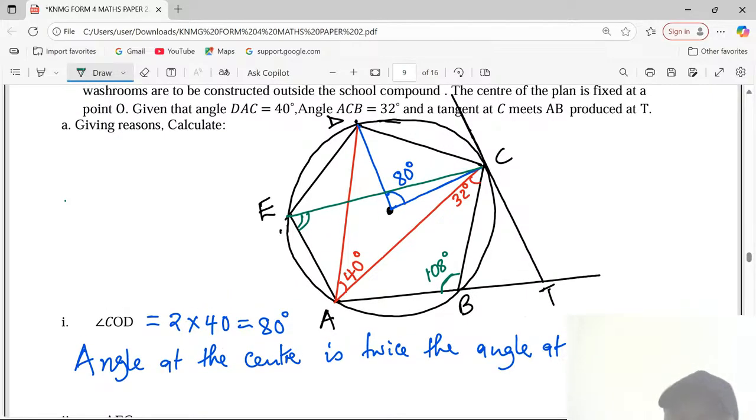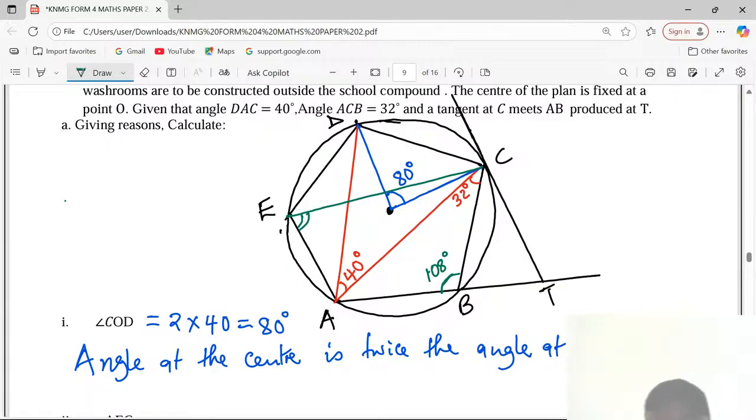If that is 108 degrees, then we can get the size of the angle at E. Listen to this now: when you consider ABCE, all the vertices are touching the circle circumference, and it is a four-sided figure, which we call a cyclic quadrilateral.